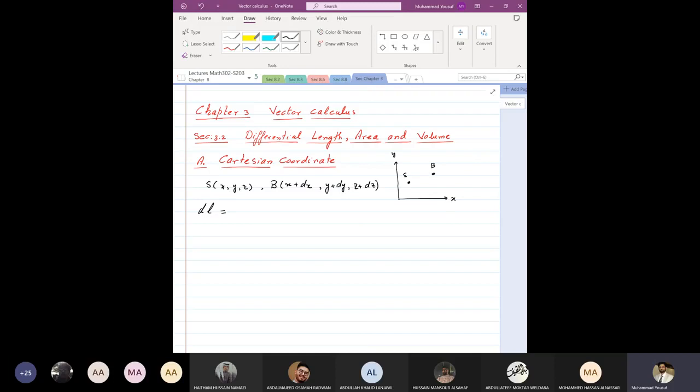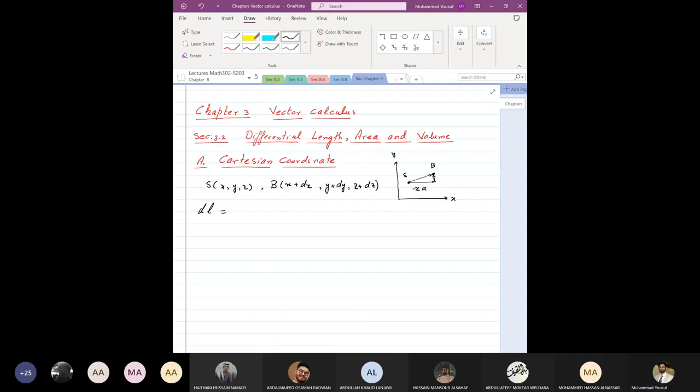Now when we go from S to B, we go from here and then here. Suppose this is vector SB. So this vector will have an x component.